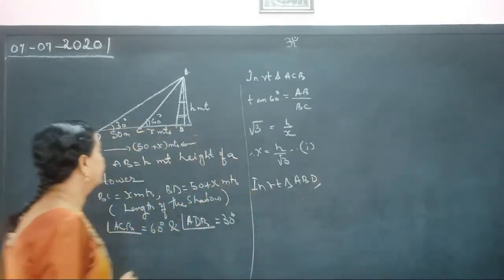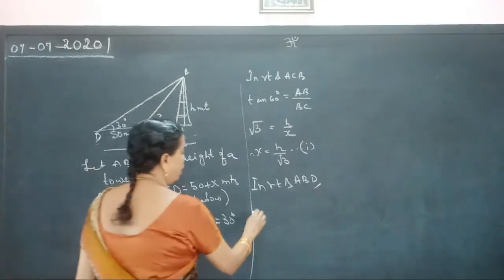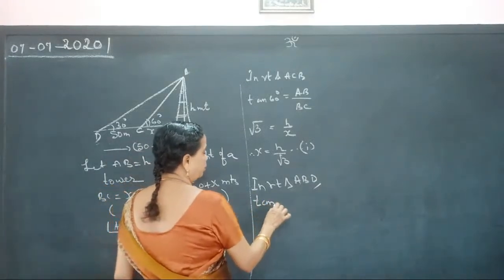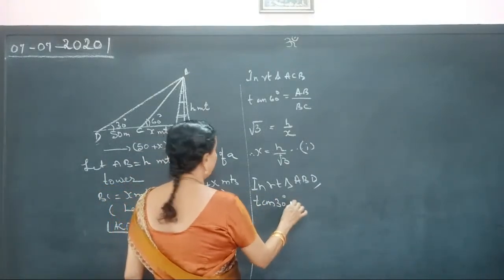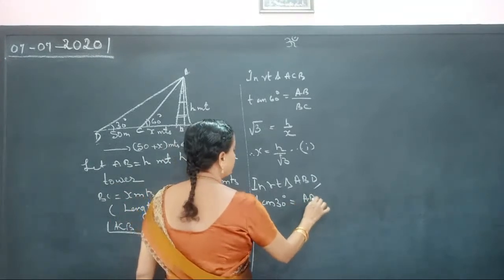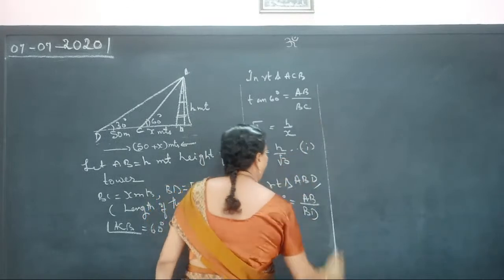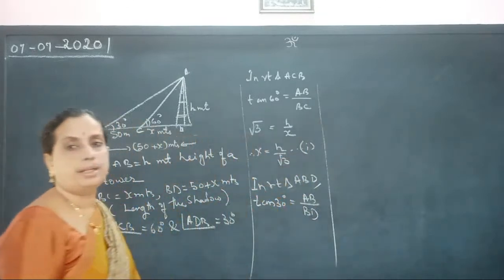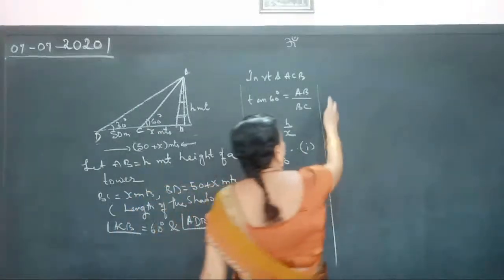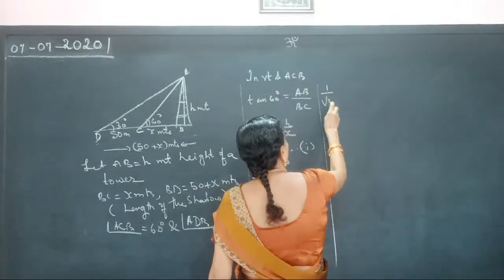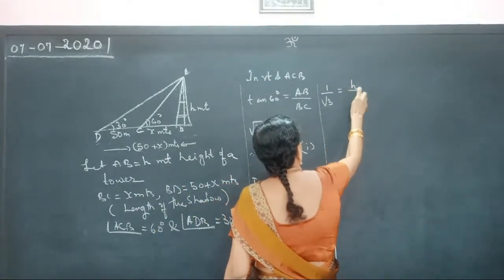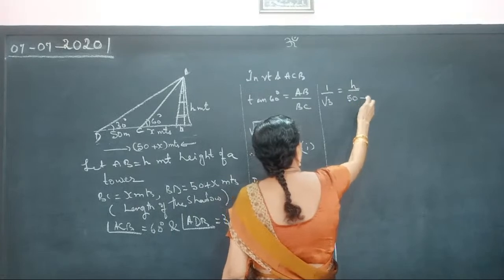In second right triangle ABD, we have tan 30 degree equals opposite side by adjacent side, where tan 30 degree has the value 1 upon root 3 equals h by 50 plus x.